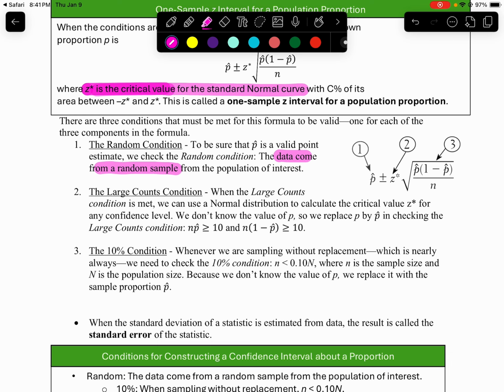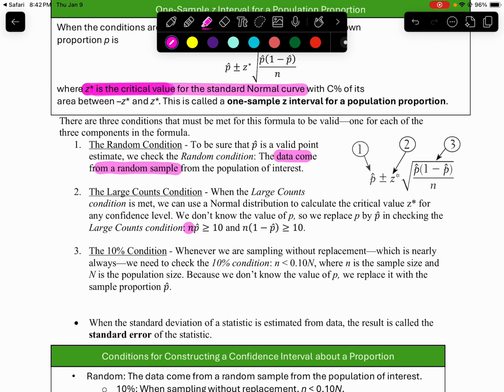The second condition we need to make sure is met is the large counts condition. We've gone over this before. It says when the large counts condition is met, we use a normal distribution to calculate the critical value z star for any confidence level. If we don't know the p value, we replace p with our p hat value, which is our sample proportion, and then we can check it using our large counts condition.